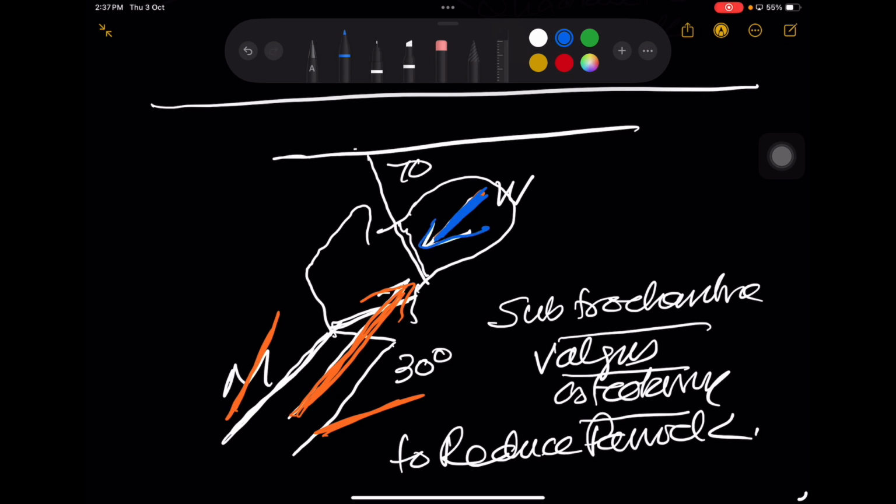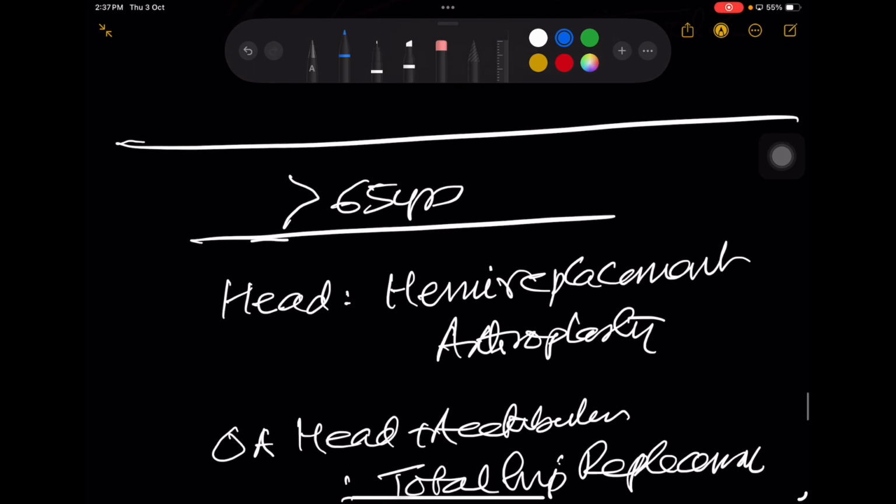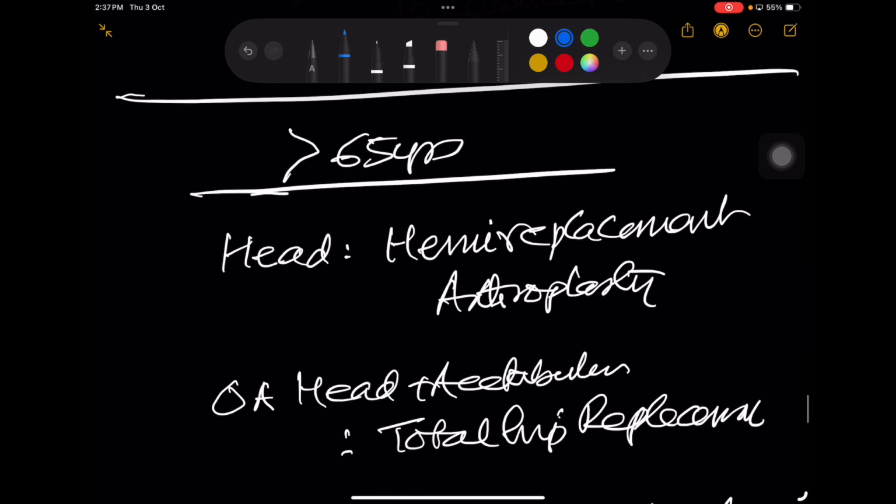So when it was straight, it was causing a shearing stress. But now, since the Powell angle has reduced, it will produce a compression force, and there will be much more likelihood of union of fracture.